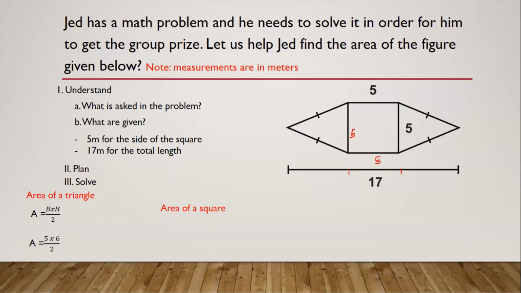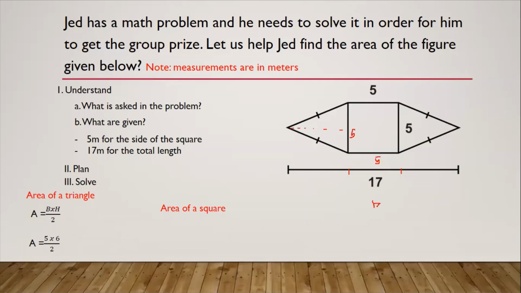Now, if this one is 5 meters, what is the measurement of these two lines here? These two lines represent the height of our triangle. If we subtract 5 from 17, that gives us 12.